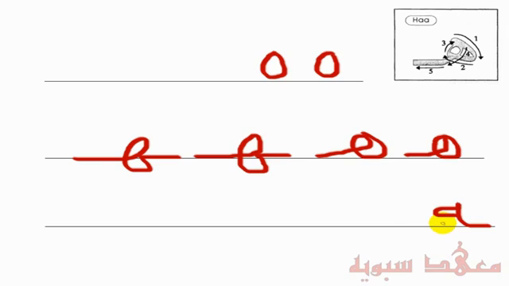Now let's say that the second last letter was a letter that you can't join to the ha. Let's say it was a dal, because a dal can't join to the next letter. So you'd actually put the isolated form. Now if we put 3 has one after the other, how would it look? It would be as follows.